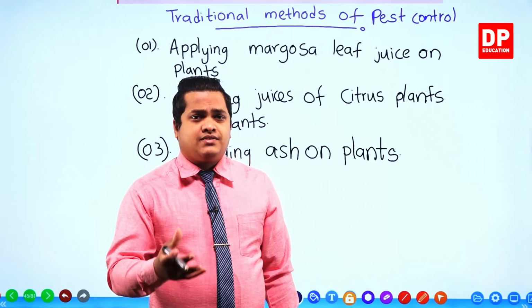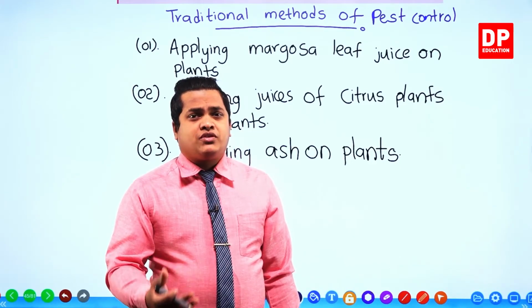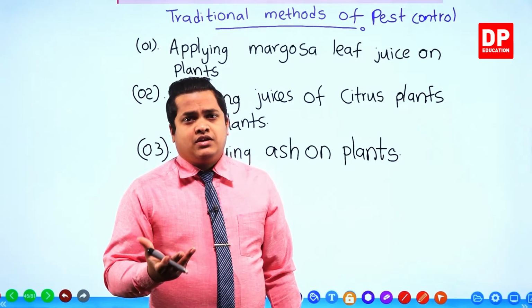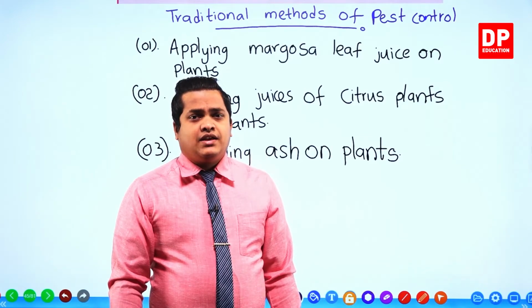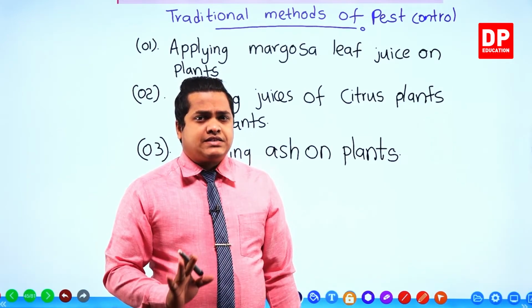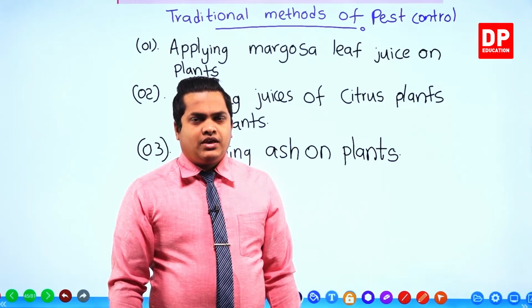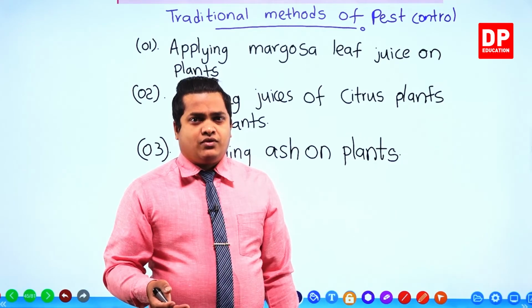First of all, there is a way of mixing, a proportion of mixing. If the mixing proportion is out of range, then it will not give us the necessary results. So there are certain things that we need to follow.